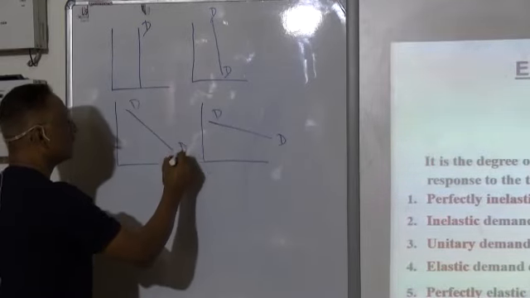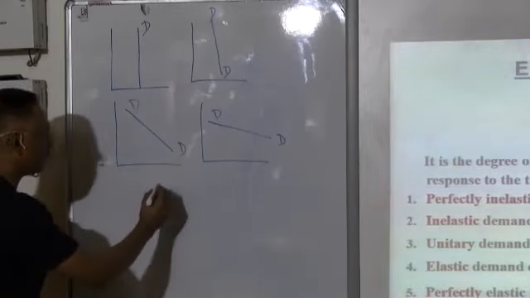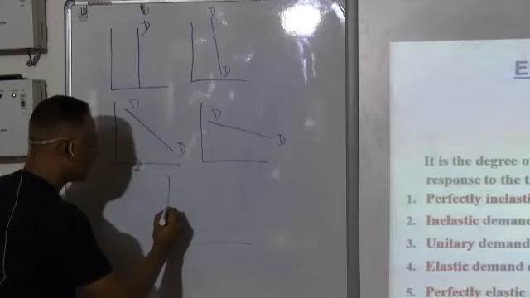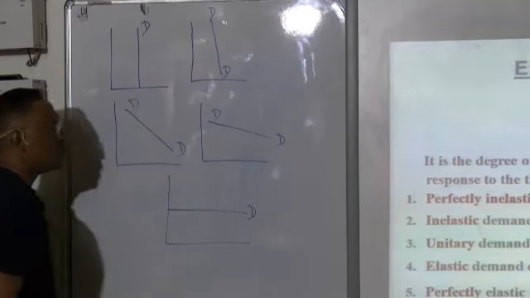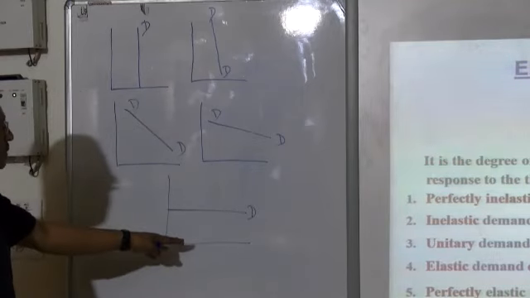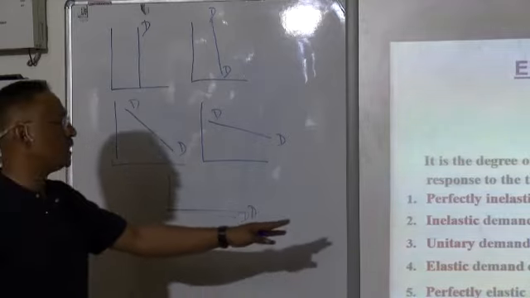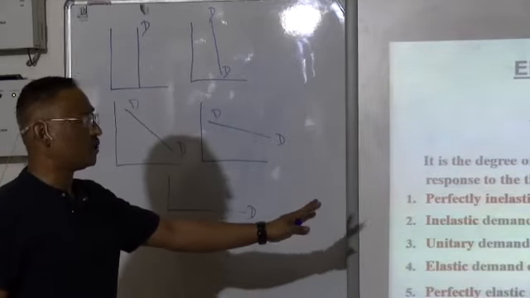Elastic demand curve, and finally we had the perfectly elastic demand curve D. So these were the 5 diagrams that explain the degree of price elasticity of demand.